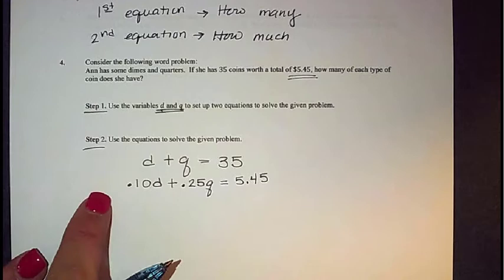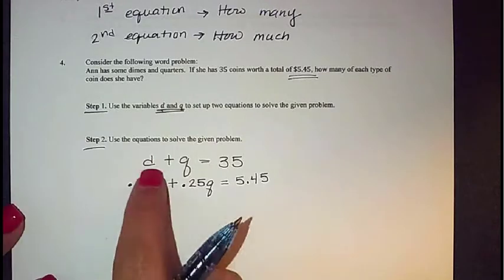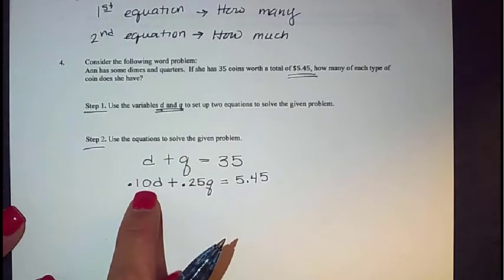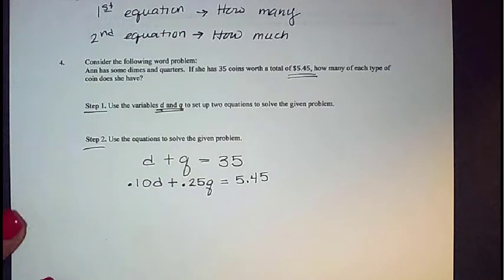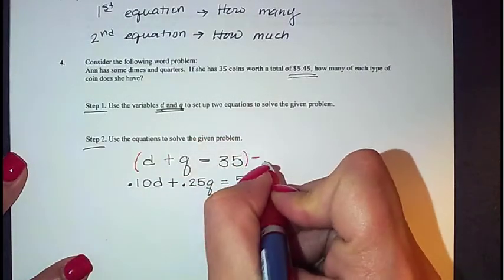Okay? And now we just have to solve these two equations. Remember, this is our step 1, placing these two equations in, and then step 2 is to solve it. I actually like solving for my D just because it's a little bit smaller of a number as far as the decimal point, so it's a 0.10. So I need this to be a negative 0.10. So I'm just going to take this entire first equation and multiply by negative 0.10.